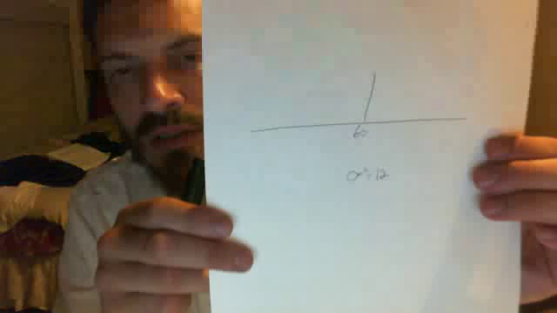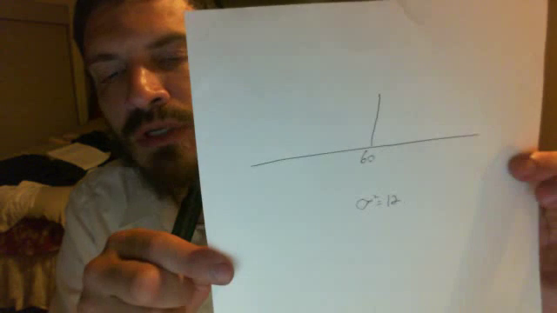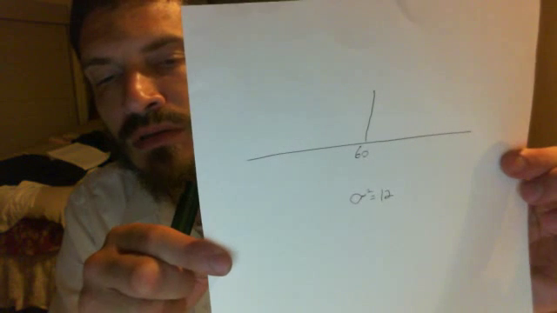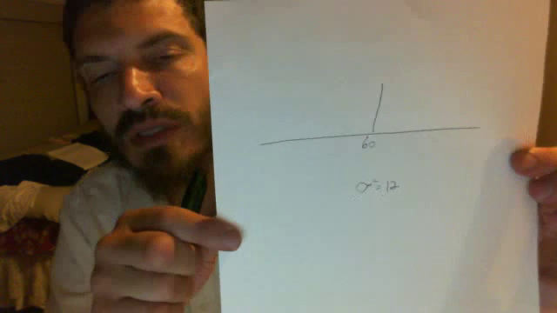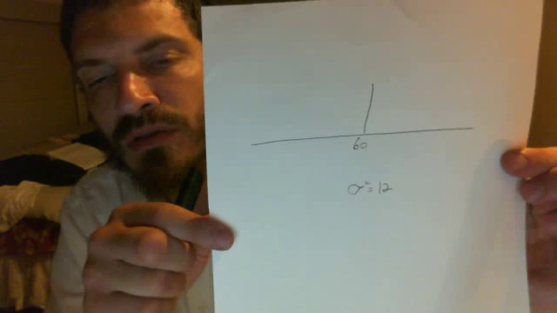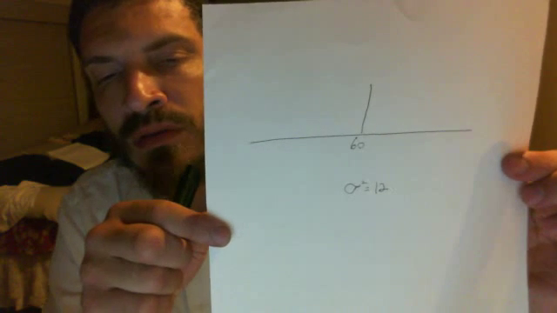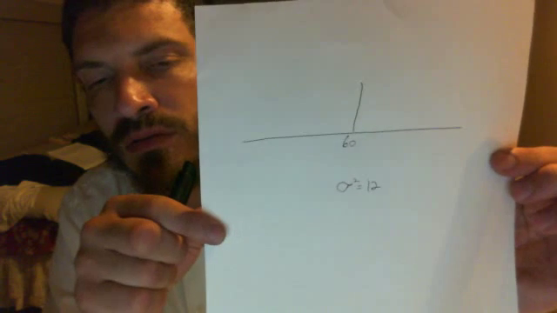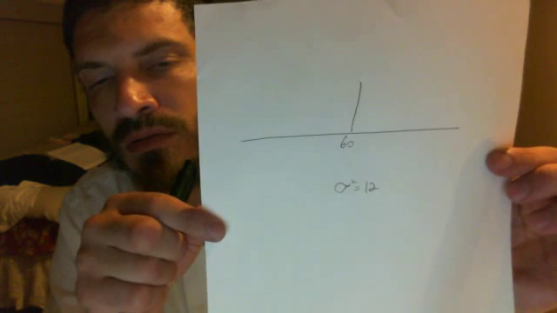This is how we start. You have here a point that's called 60. We also know the variance of this distribution. Actually, I shouldn't use the word variance here. I'm going to use something else.